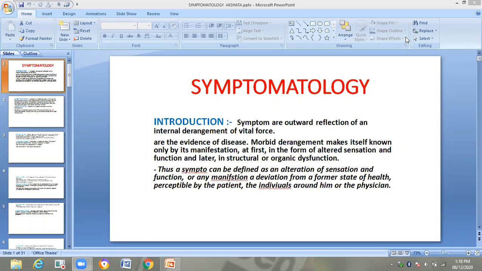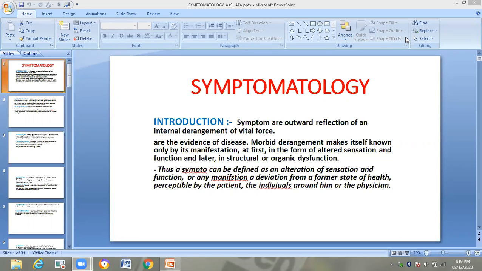So all the deviations from the state of health which are curable are known to the physician by its signs and symptoms. This is the view of Dr. Kent.